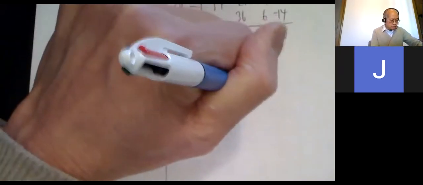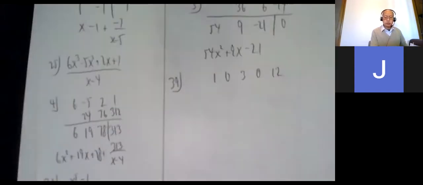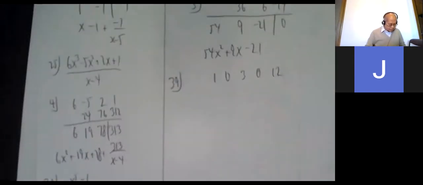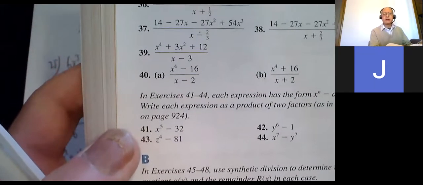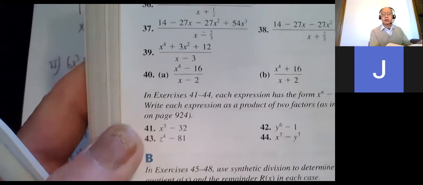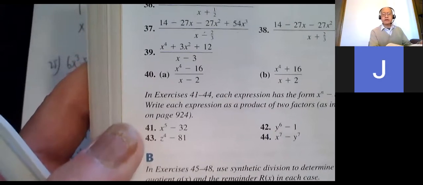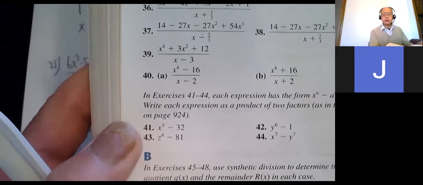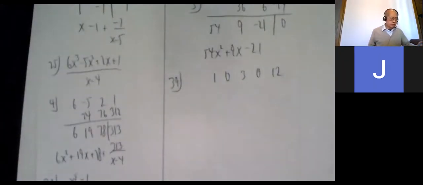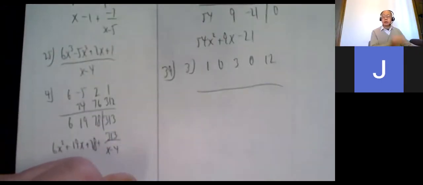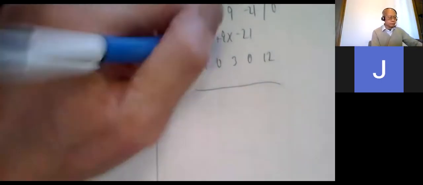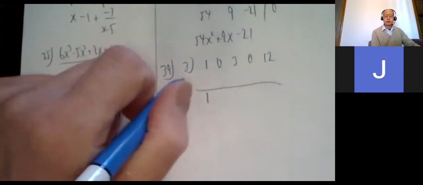1, 0, 3, 0, 12. And for 39, I'm dividing by x minus 3. So on the outside, I don't put a negative 3, I put 3. And there we go. 1.